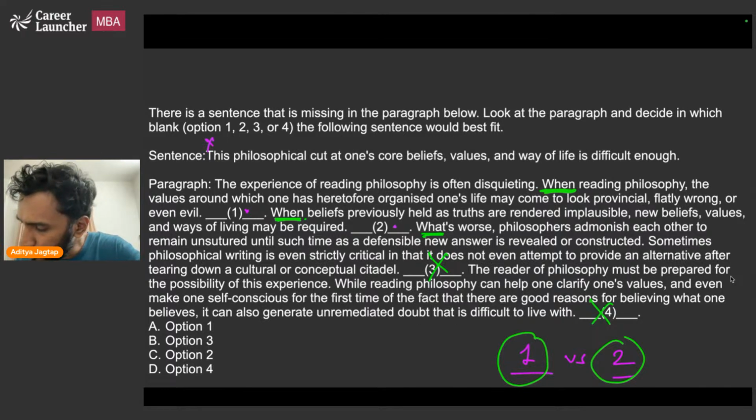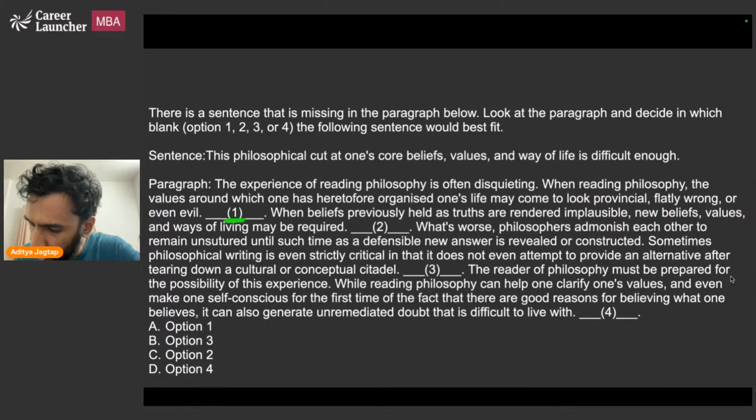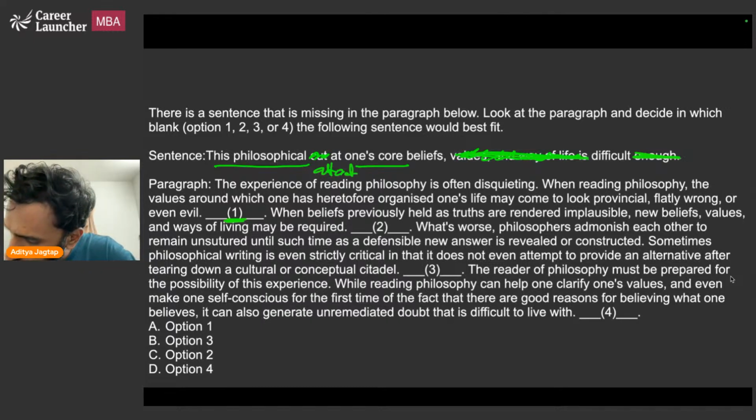In position one, prior to that sentence, there should be a philosophical attack. We'll call this a philosophical attack on one's core beliefs, which is difficult, right? You notice here when reading philosophy, the values around which one has heretofore organized one's life may look provincial, flatly wrong, and evil, right? So this could be the attack. When beliefs previously held as truths are rendered implausible, new beliefs and values and ways of living are required.